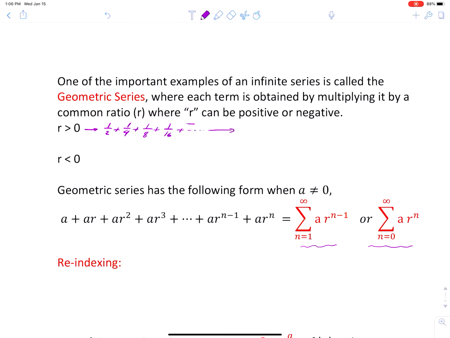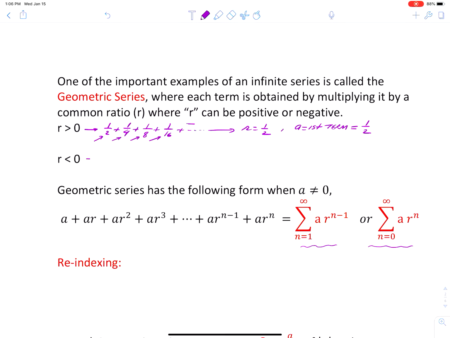So in this case, r obviously is 1/2. Why? If I take the first term 1/2, multiply by 1/2, I get 1/4. I take 1/4, multiply by 1/2, I get 1/8. 1/8 times 1/2, I get 1/16, and so on. So a, which is always the first term, which we're going to need later on, in this case is 1/2.